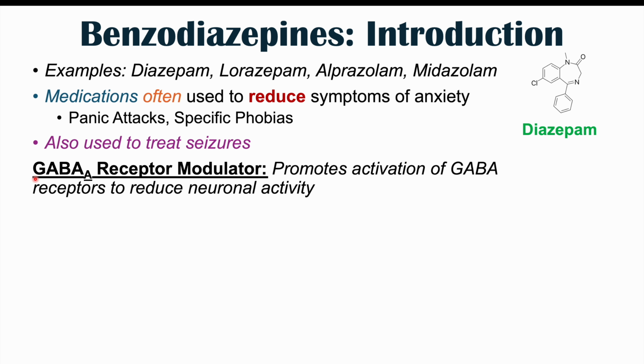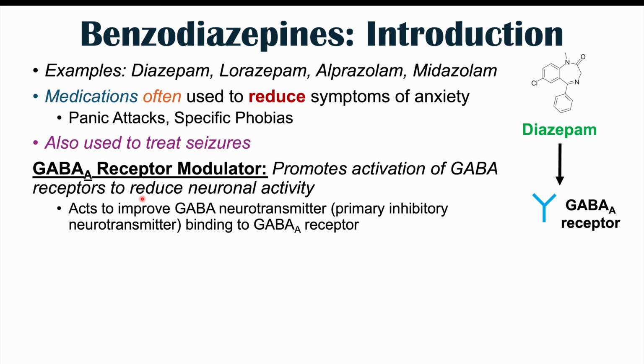Now, benzodiazepines are GABA A receptor modulators. So GABA is going to be the primary inhibitory neurotransmitter in the central nervous system. And by modulating the activity of this receptor, it's going to promote activation of GABA receptors by GABA, by the neurotransmitter, to ultimately reduce neuronal activity.